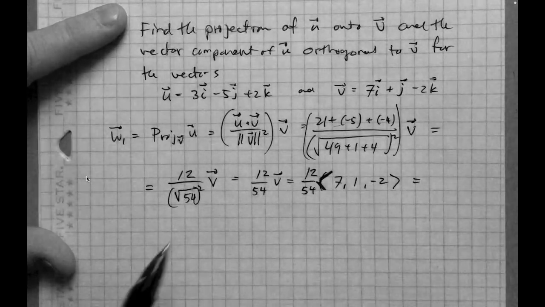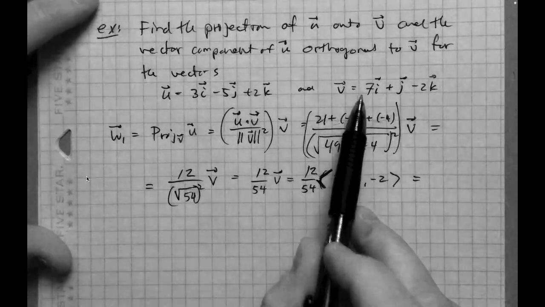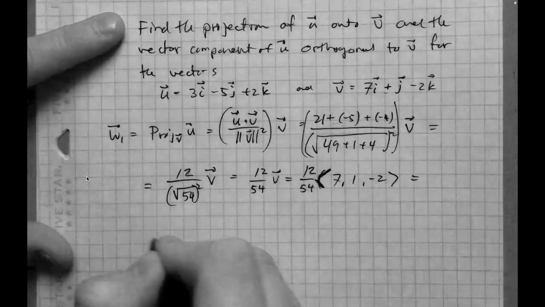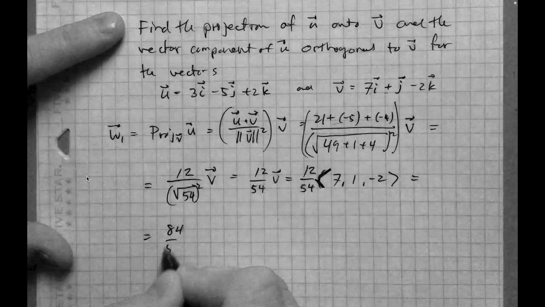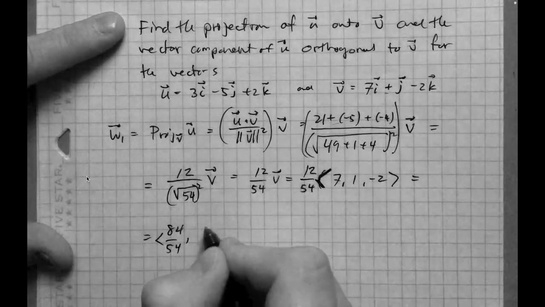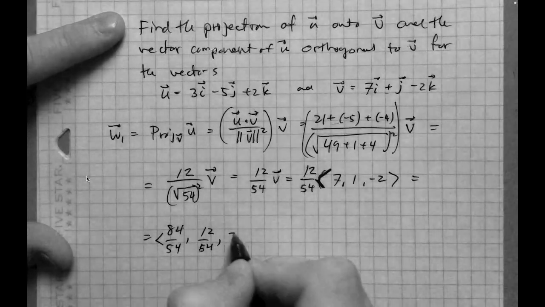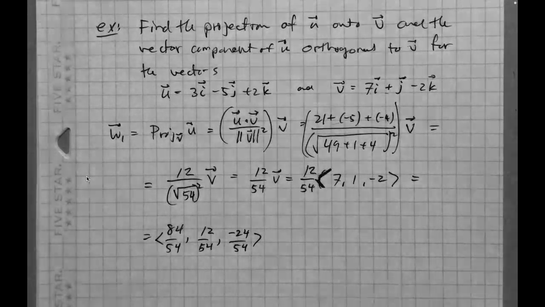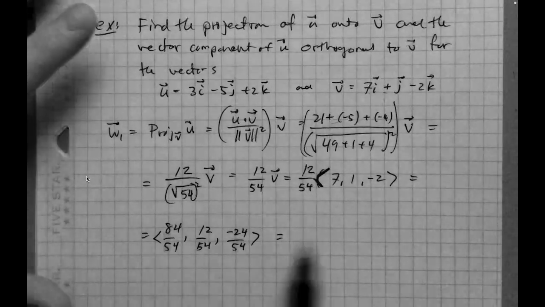You can write it in whatever notation you want, this notation or the ijk notation, that's fine. Just multiplying this through, you get 84 over 54, and then 12 over 54, and then negative 24 over 54.